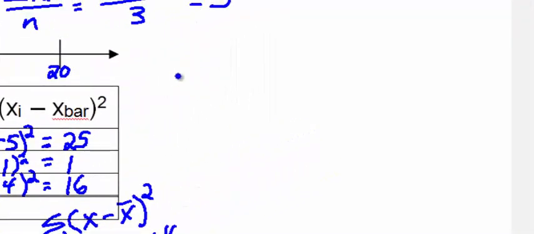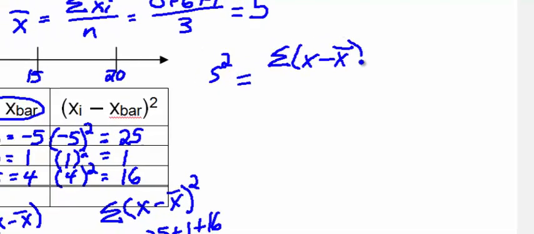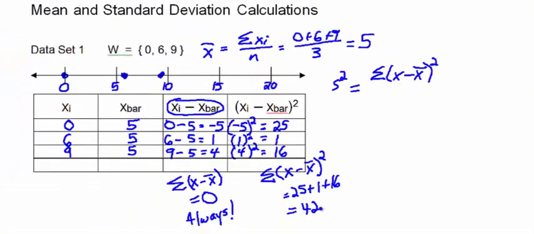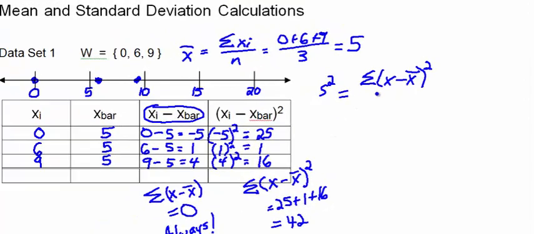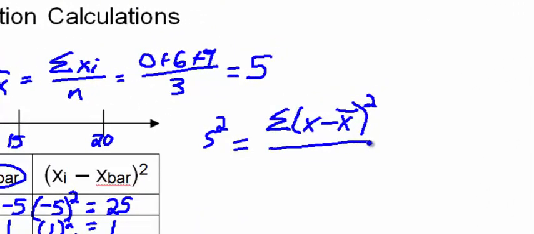Now if you recall, there's something called sample variance, and sample variance is denoted by s squared, and it has a formula that looks like this. It is the sum of the deviation squared, which we got in this case to be 42, divided by n minus 1.